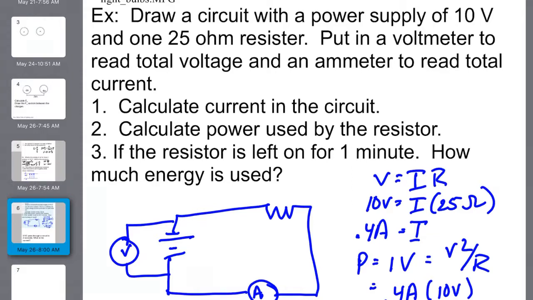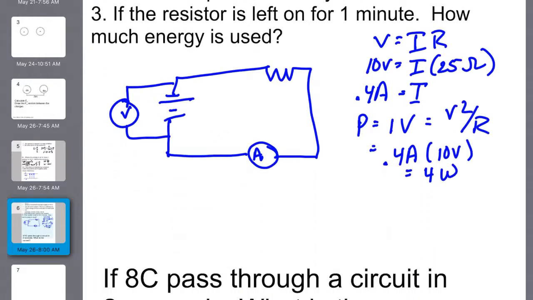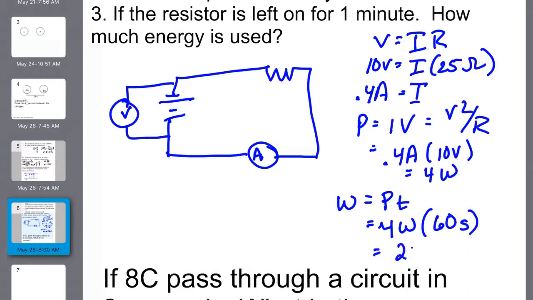Now I also have to figure out the energy. If I leave it out for 1 minute, my energy equation is going to be W equals Pt. P was 4 watts. Time for 1 minute, don't forget to turn it into seconds, 60 seconds. So I have 240 joules.